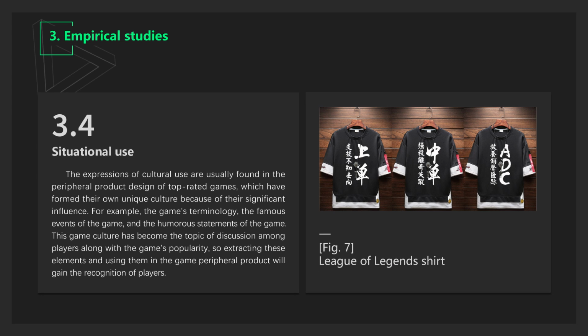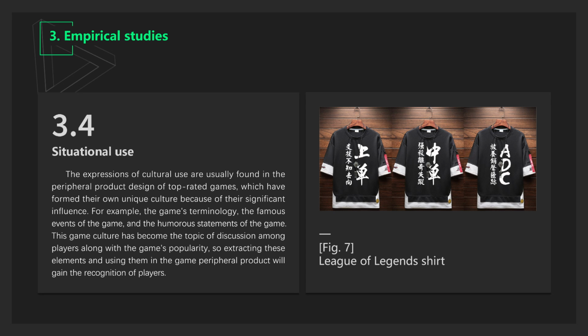The expressions of cultural use are usually found in the peripheral product design of top-rated games, which have formed their own unique culture because of their significant influence. For example, the game's terminology, famous events of the game, and humorous statements of the game.